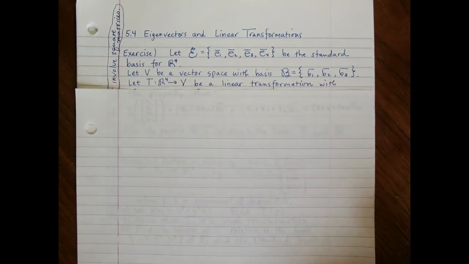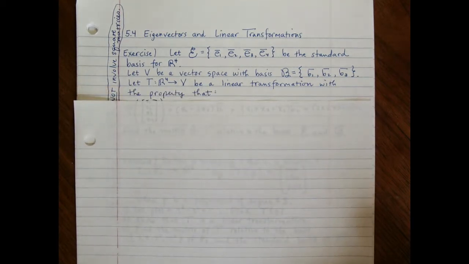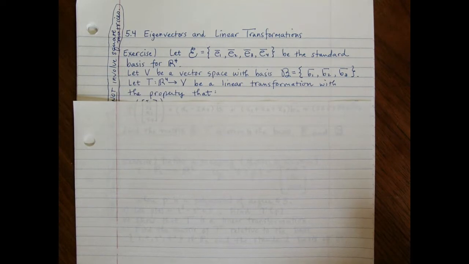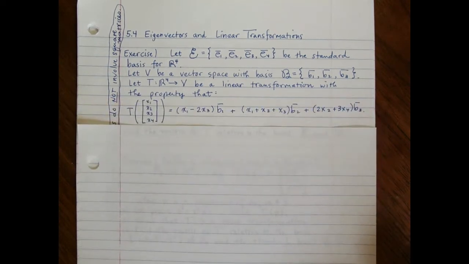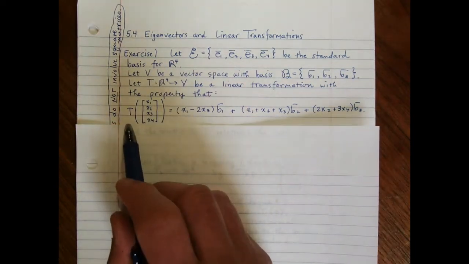And I'm saying let T be a linear transformation with the following property. It's given that T is a linear transformation; we do not have to verify this. And here's what T does.